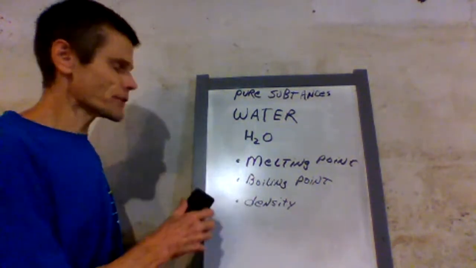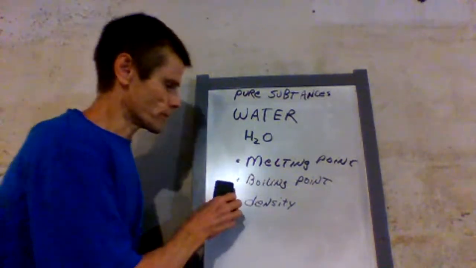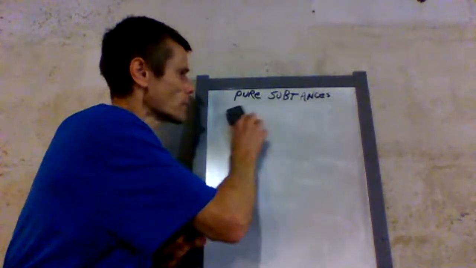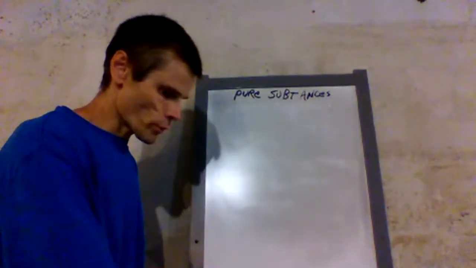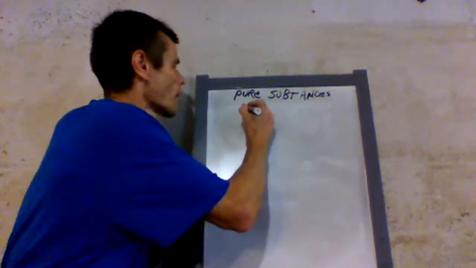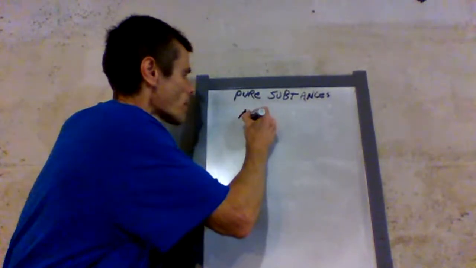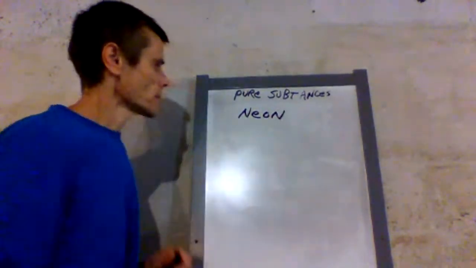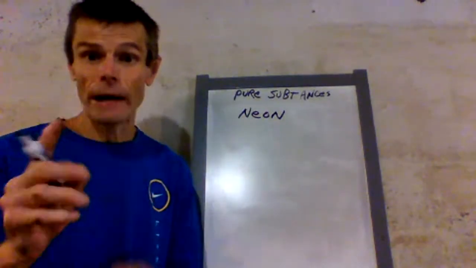Now, let's think about neon gas that we've discussed just a few minutes ago. Neon is an example of a pure substance. Neon is composed only of one type of atom.